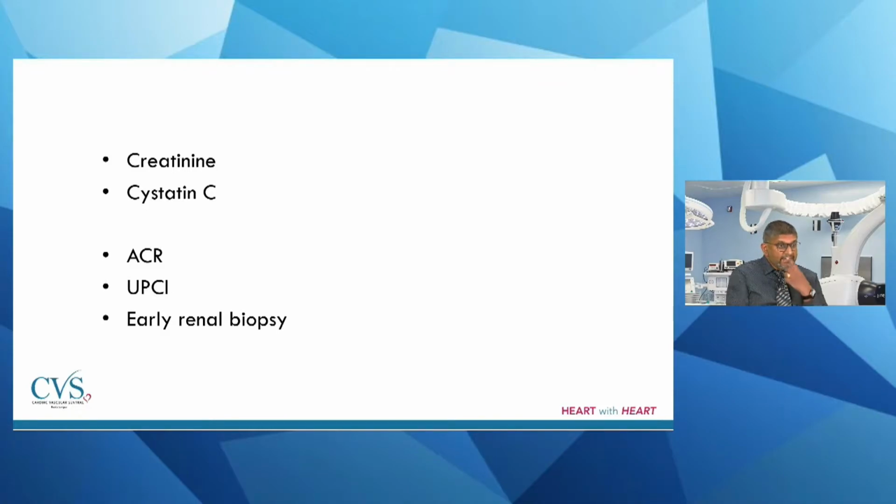So that's why it's important to at least do eGFRs from the creatinine and not just depend on serum creatinine and normal ranges, because the normal ranges are not going to move until you've lost 50% of your function. So the eGFRs are better estimations of renal function than serum creatinine. Cystatin C is also now widely available in Malaysia.